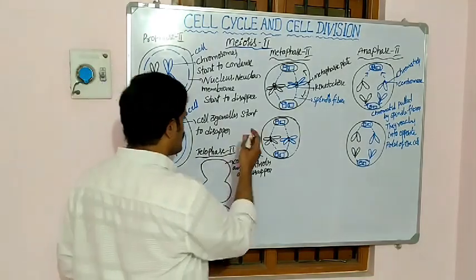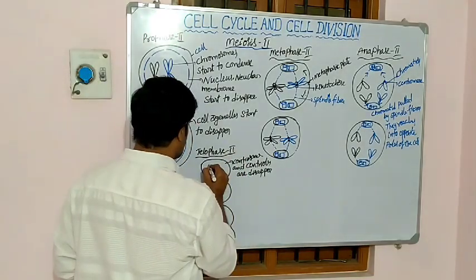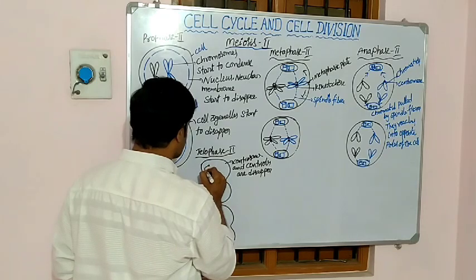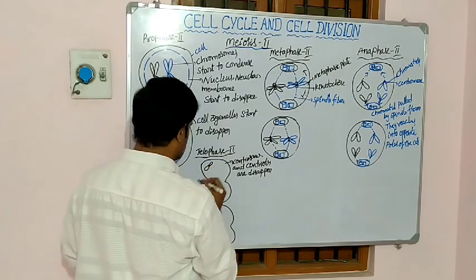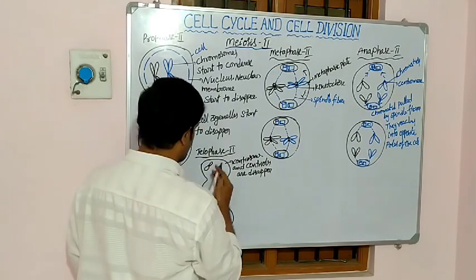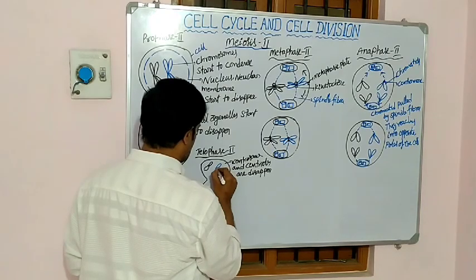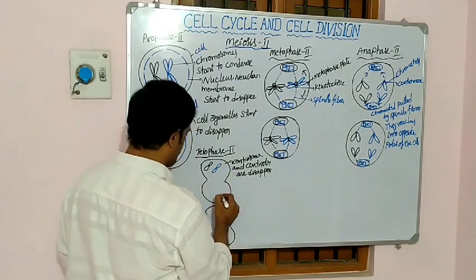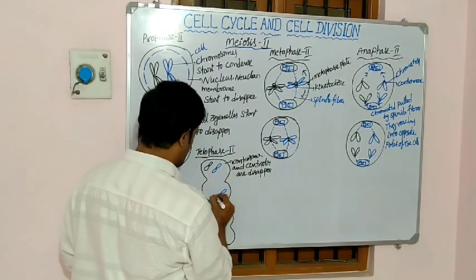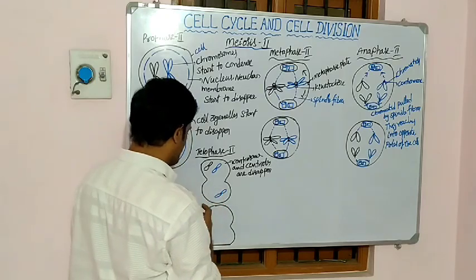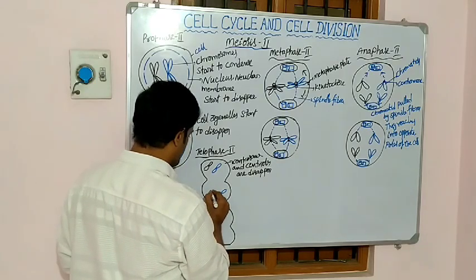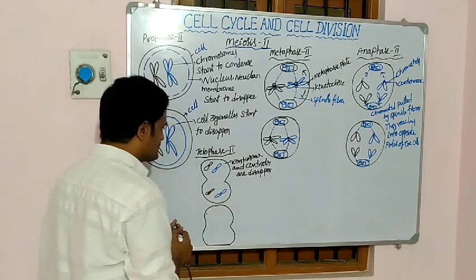Almost the chromatids form chromosomes like this.